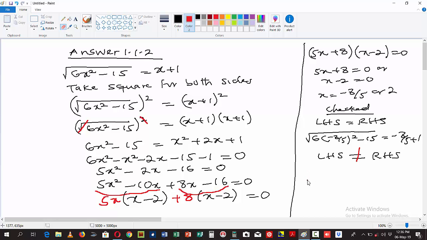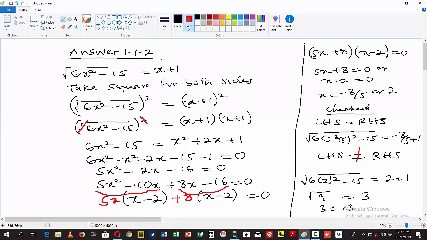The square root of 6 into 2 all square minus 15 must be equal to 2 plus 1, because our x is equal to 2. When you do this critically, we are going to have square root of 9 must be equal to 3. So 3 is equal to 3 now.